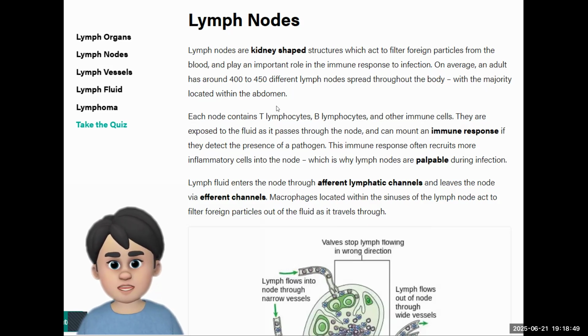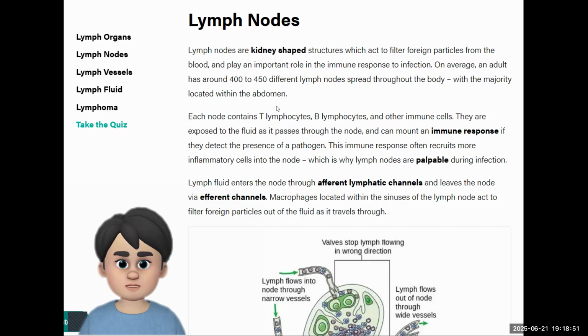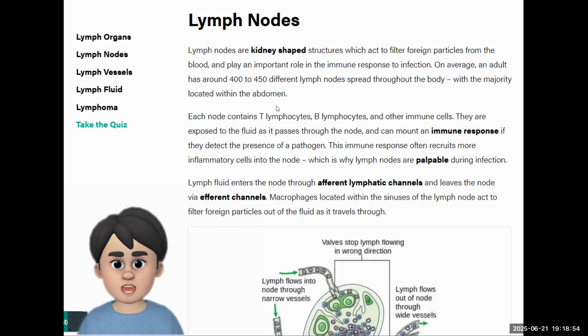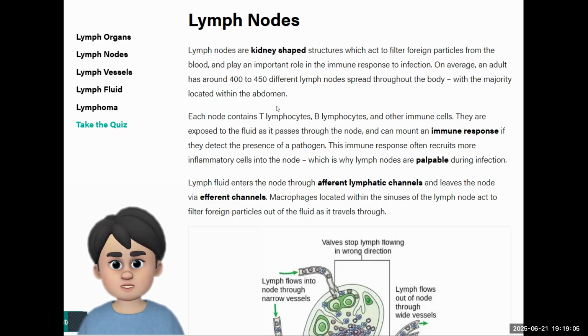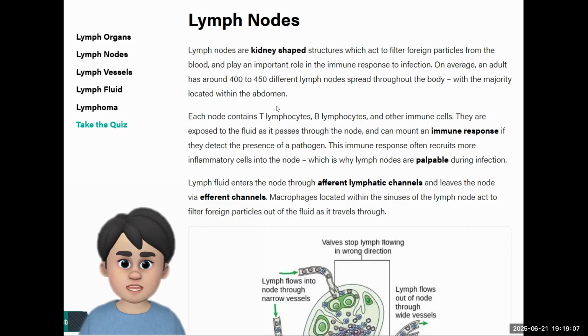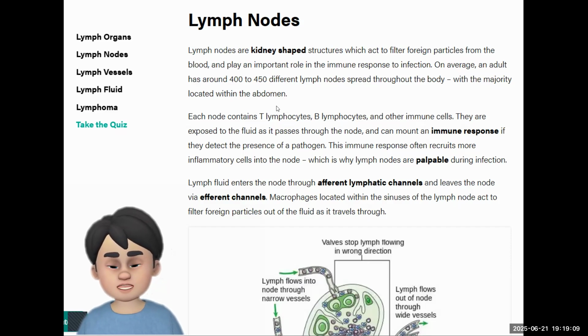At the beginning, I told you about forming lymph, right? There's a possibility that some bacteria, a virus, or maybe parts of blood cells can be there, and also if there is an injury, bacteria or virus are possible. They play an important role in immune response to infection.